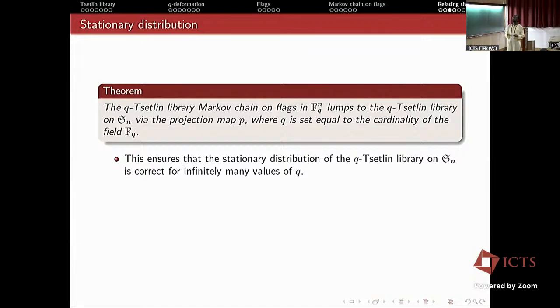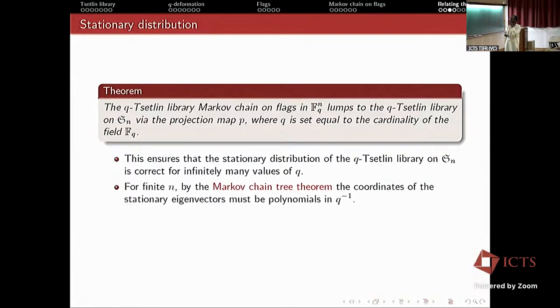And now, to prove this, I have gone to finite field vector spaces, but there I am necessarily forced to assume q is a prime power. So all I have shown so far is that there are infinitely many values of q for which this projection happens, and therefore I get my theorem. But I want it for all possible values of q. And so there's one last step, and this is called the Markov chain tree theorem.